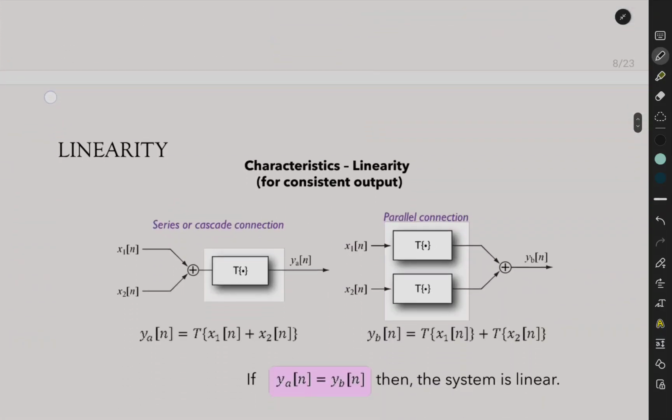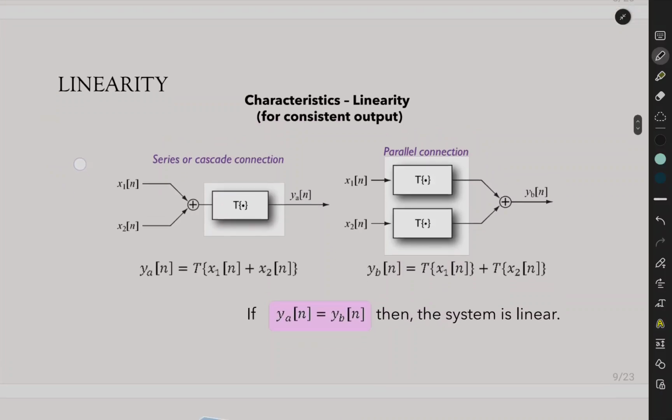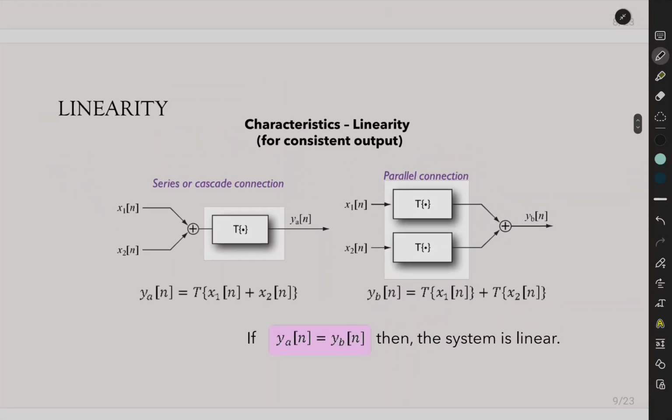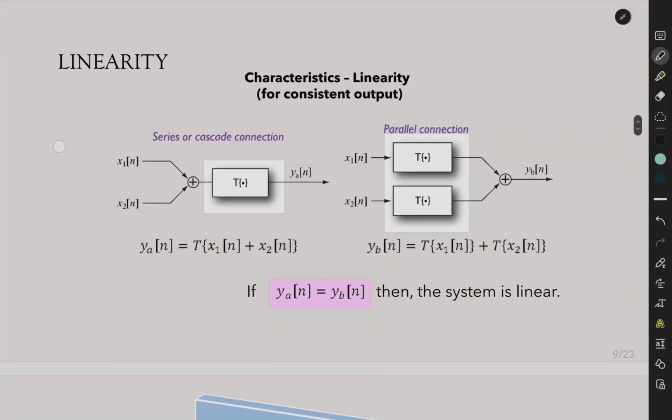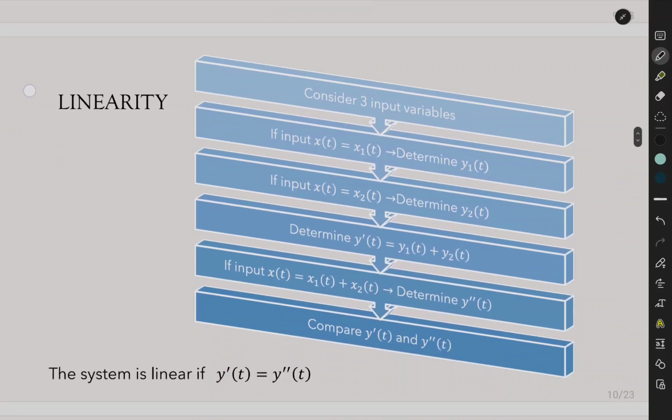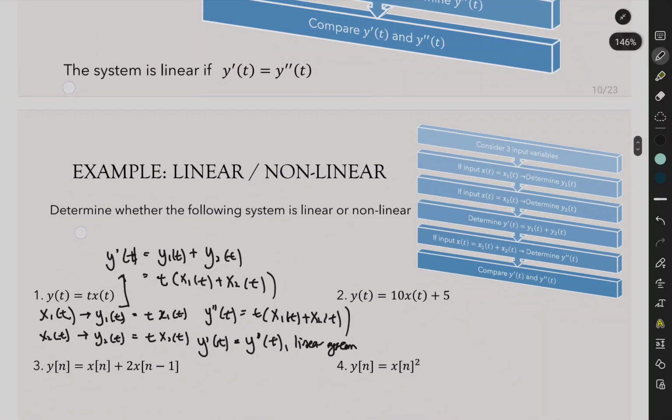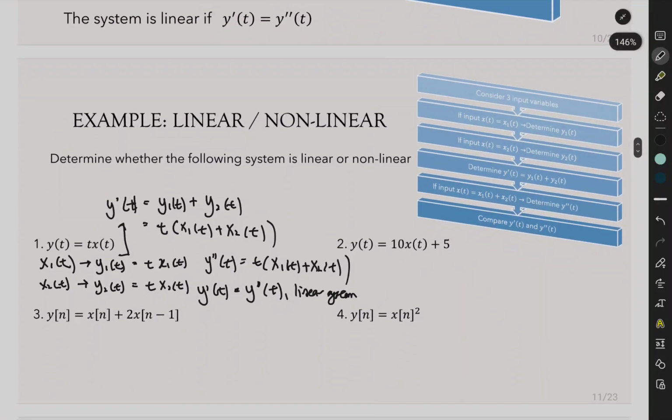Let's look at an example, consider question 3, so that it is easier for us to understand. Let's say T[x1(t)] equals y1(t), and T[x2(t)] equals y2(t).